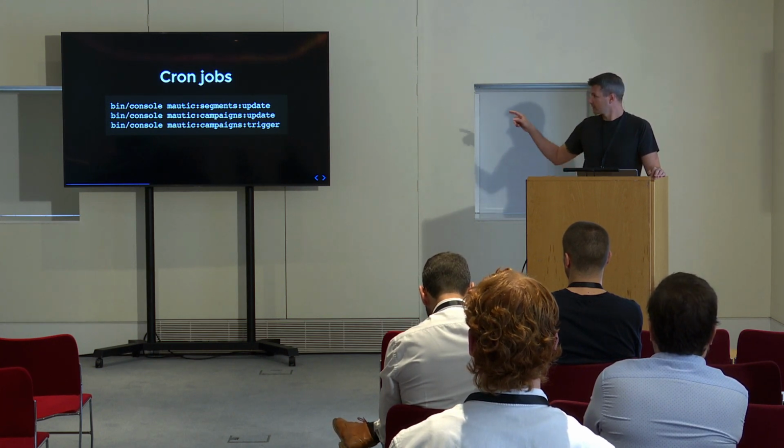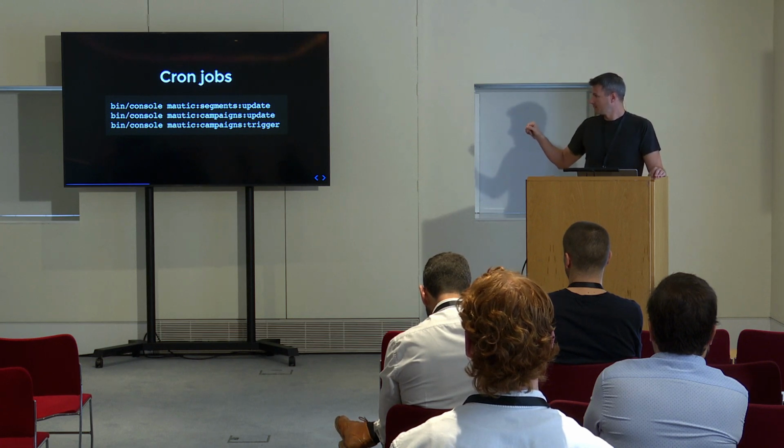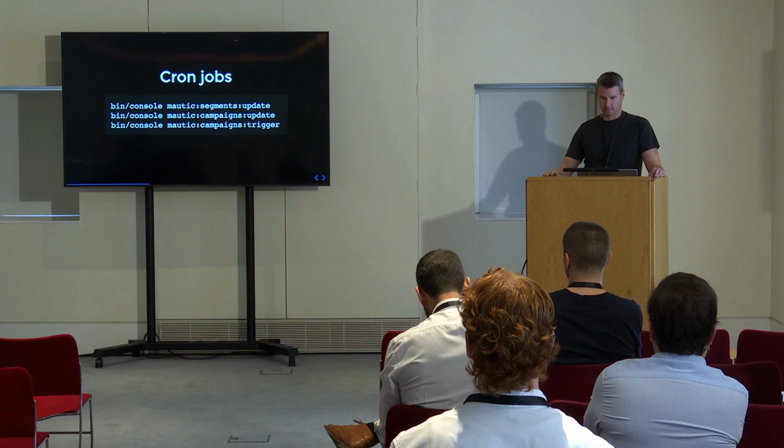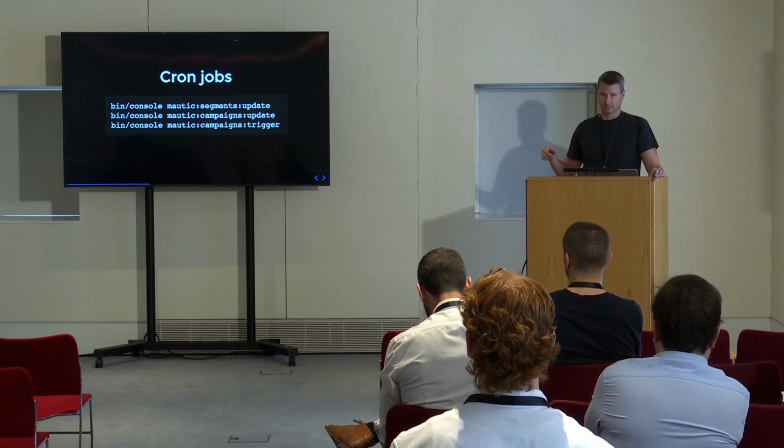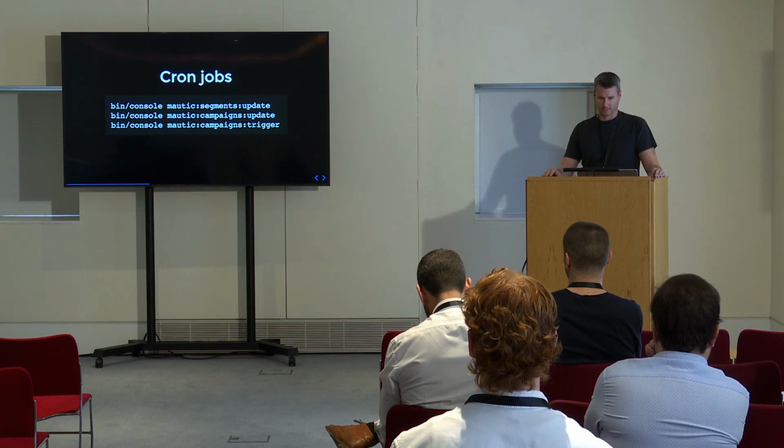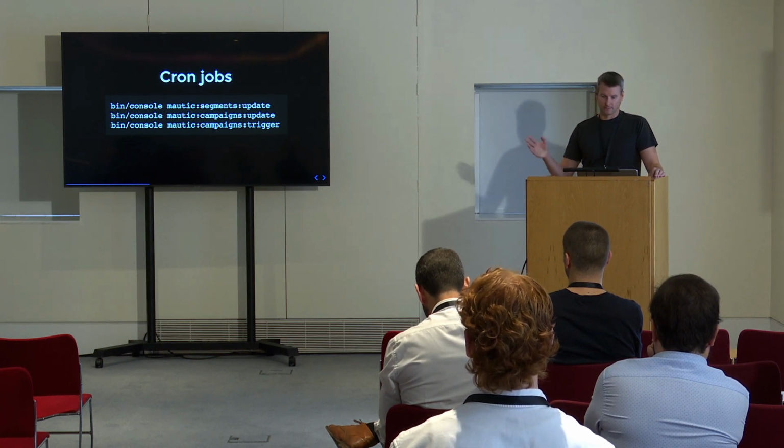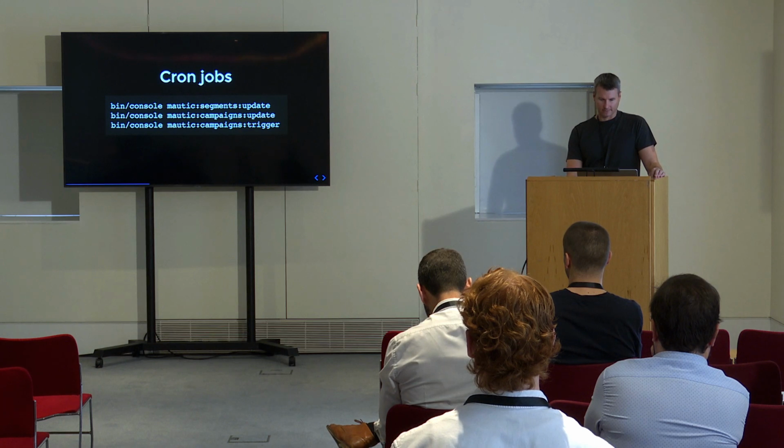So basically you execute the segment update at the first minute of an hour, the campaign update 5 minutes later, and the trigger 5 minutes later. So that's at least 10, maybe 15 minutes just to get from, hey, I want to send an email to this person, to actually sending the email.